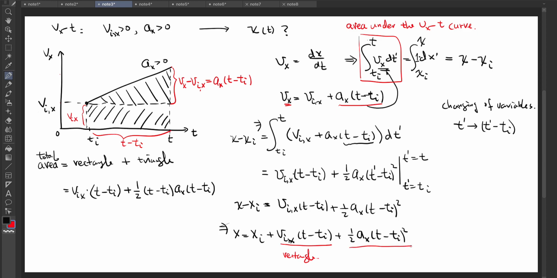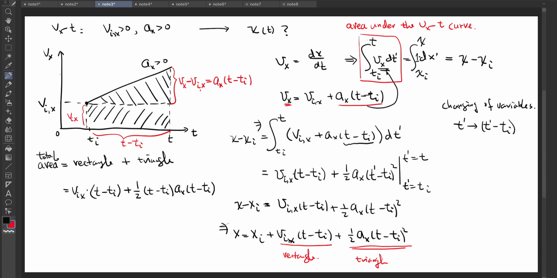So let's confirm this by writing down the triangle here. And that total area is this integral. So that equals x minus xi. That's exactly what we have here. Okay, so now we totally understand the quadratic formula for position as a function of time.